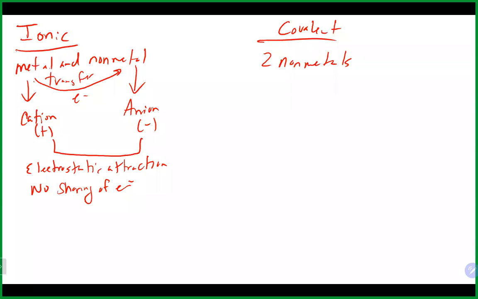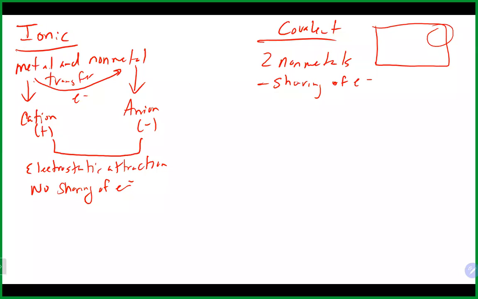Because both nonmetals are in almost the same spot on the periodic table, they have very similar periodic trends, in that they both want to hang on to their electrons. They're not willing to give away their electrons. So the best they can come up with when two nonmetals get together is a sharing of electrons. So unlike ionic compounds, here we do have sharing of electrons.